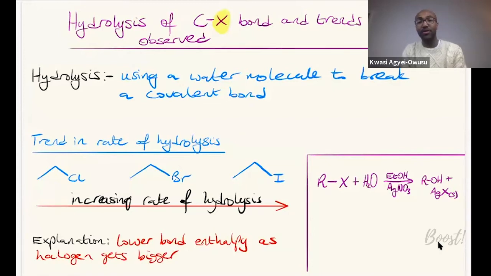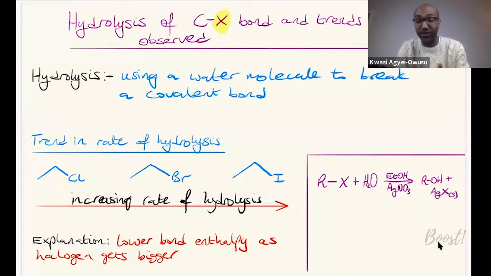Okay, so you've got a lower bond enthalpy, which means that it is easier to break. Less energy is required to break the carbon-halogen bond. So less energy for the carbon-iodine bond compared to the carbon-bromine bond, which in turn requires less energy than the carbon-chlorine bond.